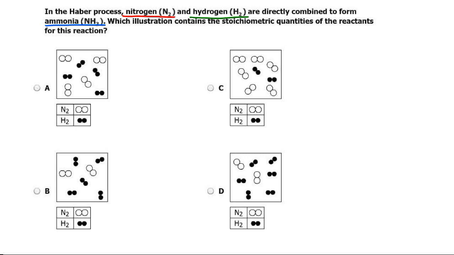Let's talk about nitrogen. Nitrogen is diatomic because it ends in gen. Anything that ends in gen or ene is going to be diatomic. Remember Brinkelhoff.